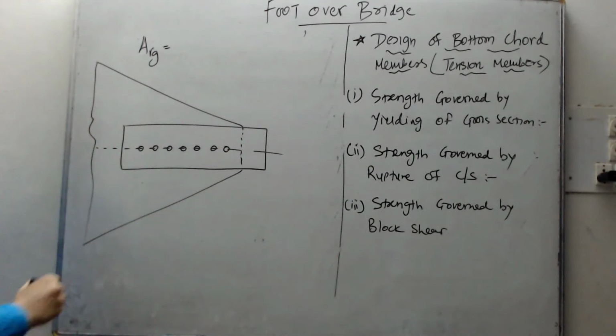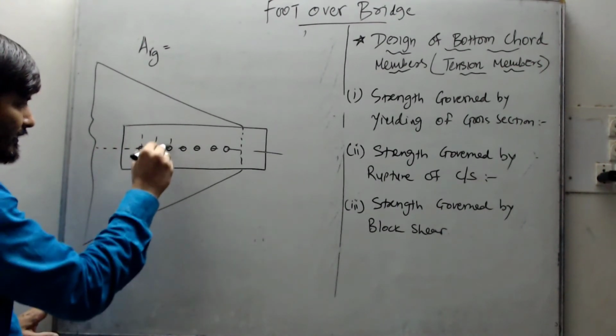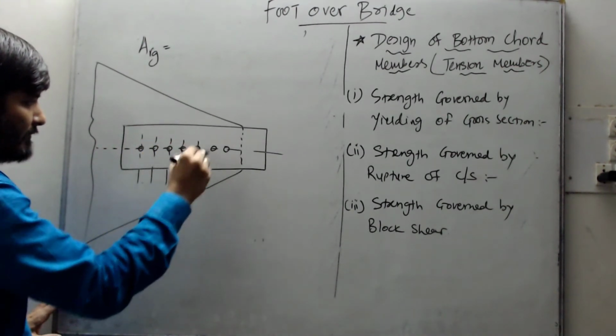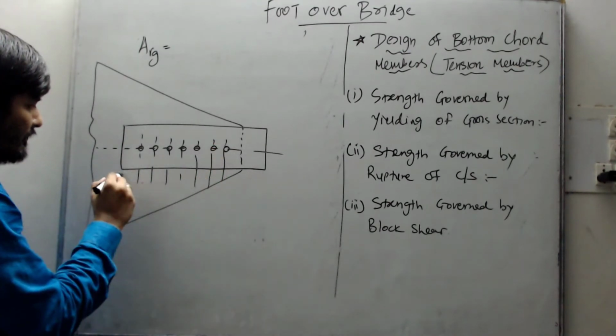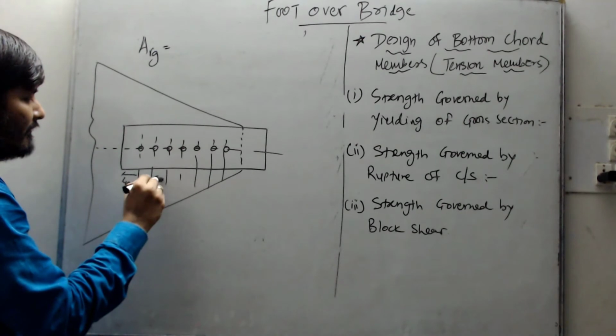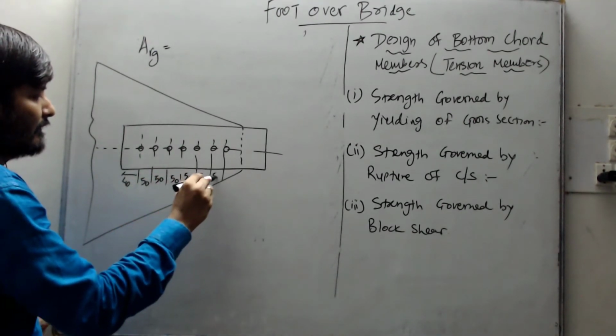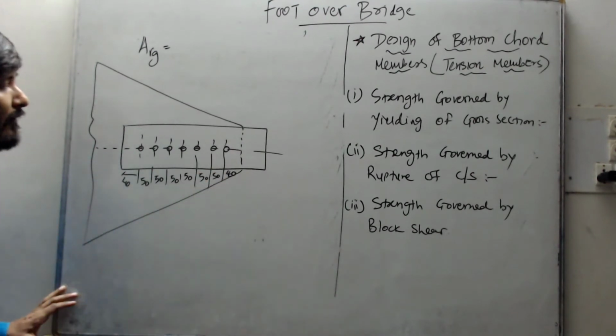So spacing between these bolts is 50 mm, and end distance is 40 mm. So this is end distance 40. All the other distances are 50. And the last one is again 40 mm.